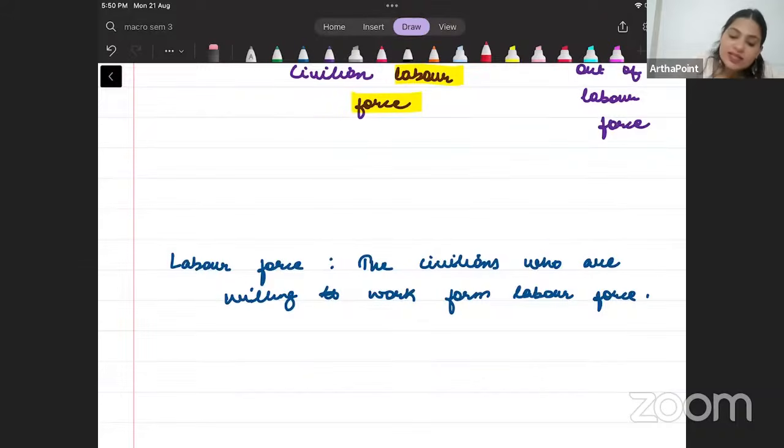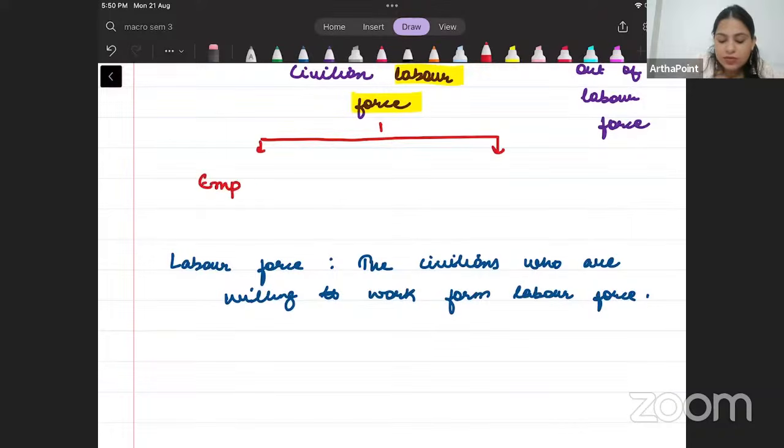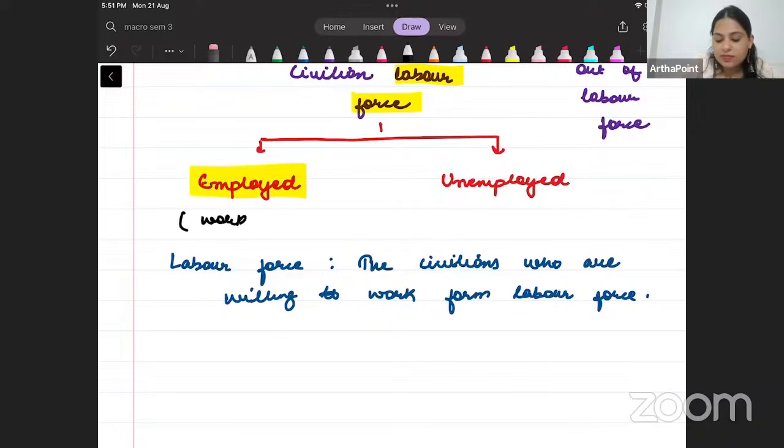So then labor force can be divided in two parts. One becomes employed and one becomes unemployed. Who are employed? Employed are the people who have job, who are currently working.